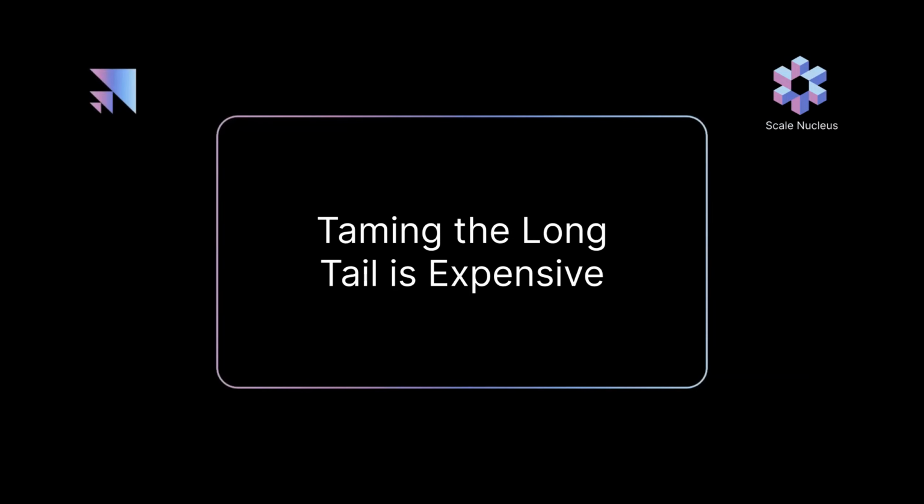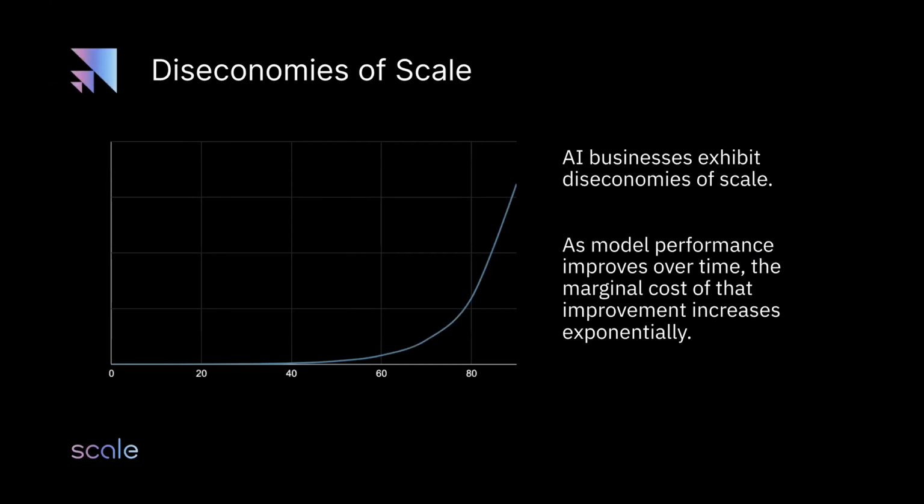And so if you just pay more money and add more data, eventually you're going to get a few more examples of cyclist coverage in this case in your dataset, but those costs grow exponentially for linear gains in model performance. And this is something that I think many people have a bit of an intuition for, but it's worth explicitly hammering home, which is that model performance in AI exhibits diseconomies of scale.